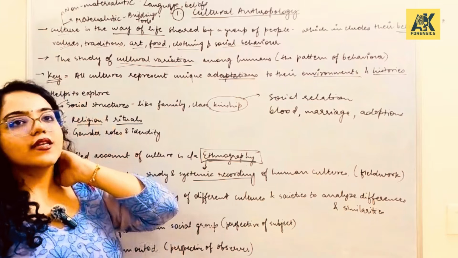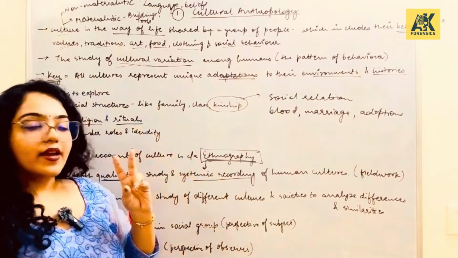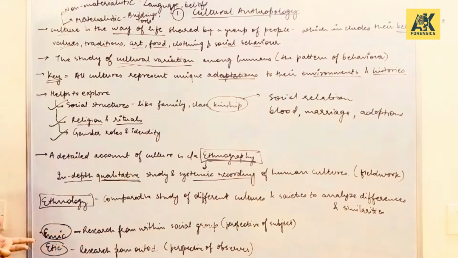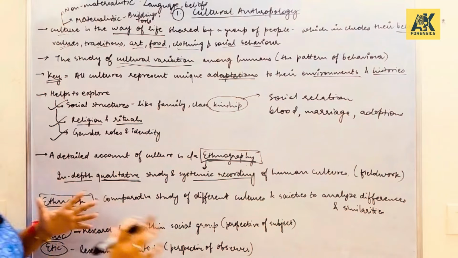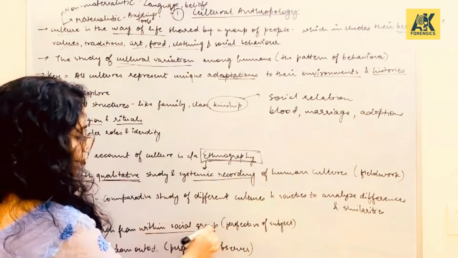So when the person is going to a certain place and exploring their culture, there are actually two ways in which this study can be conducted. One is from the perspective of an emic and one is from the perspective of an etic. So emic is research from within the social group.